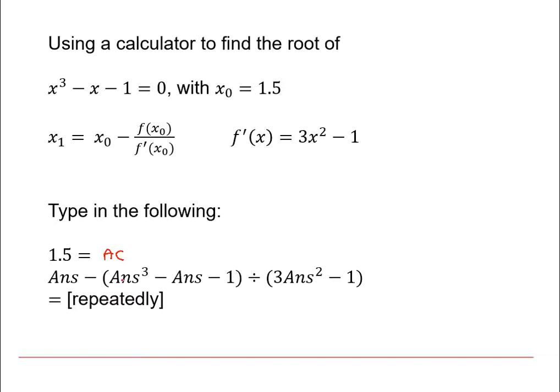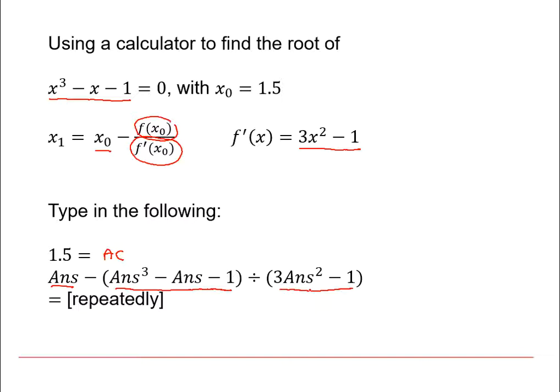And now we're going to type in our formula, but instead of x0 we're going to have the ans button. So that x0 becomes ans, and then f of x0 is our function f of x, which just becomes ans cubed minus ans minus 1, and then in the denominator we're using the derivative, but with ans instead of x0.